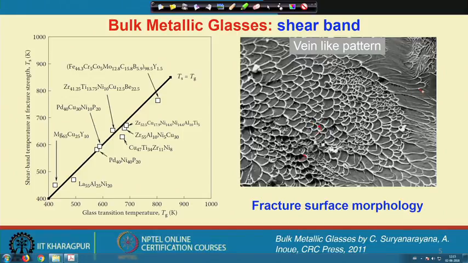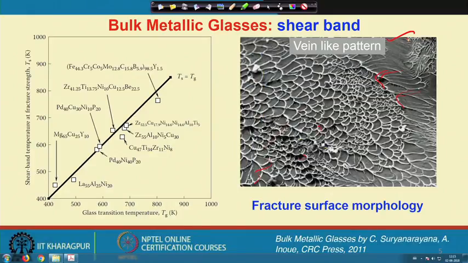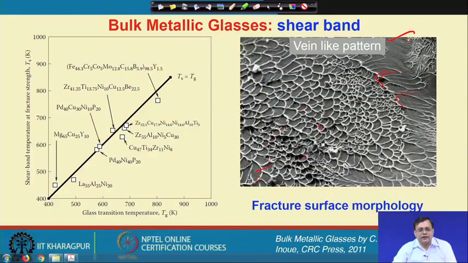So, you can clearly see here some melting like phenomena and a network like structure, which is often called a vein like pattern, and it confirms that temperature must have risen in those shear bands, and if any crack has propagated along those direction, then due to the fresh appearance of the surface, the temperature and broken bonds of those atoms lead to localized melting.